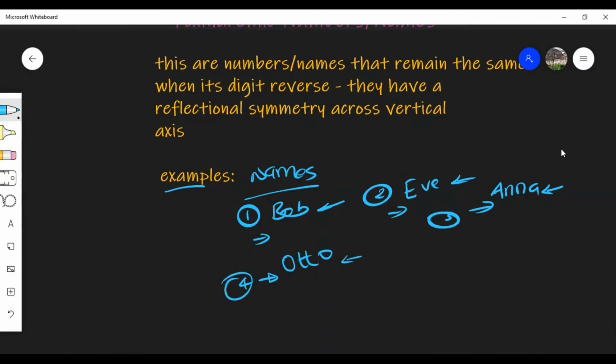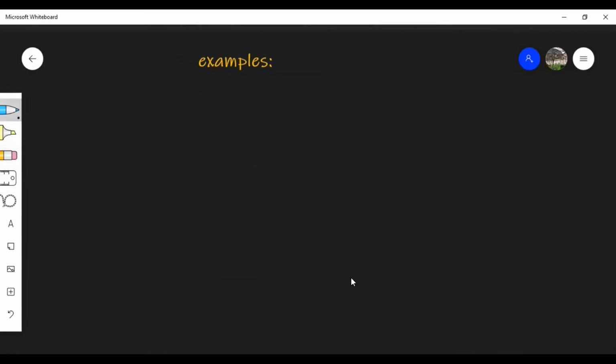So now that you know the concept of palindromic numbers, let's go to examples of numbers that are palindromic in nature. If you look at the 2-digit numbers, you have 9 palindromic numbers.